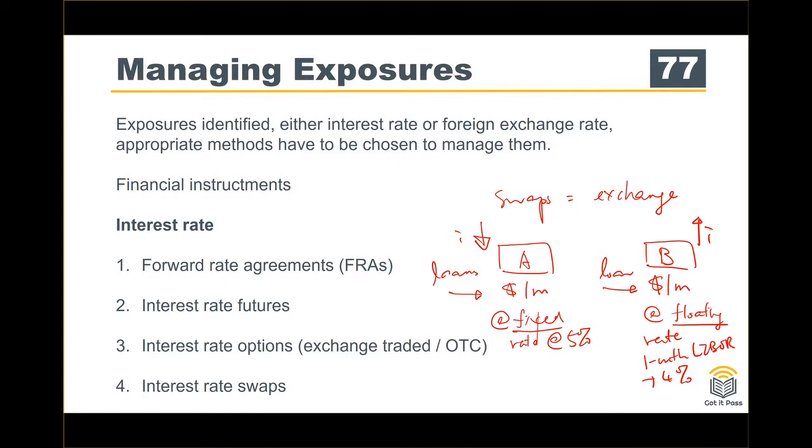So they found a bank or intermediary, and the bank matched the two parties and found a solution to exchange or swap the interest payment. So for example here, A pays a fixed rate to the market, right?